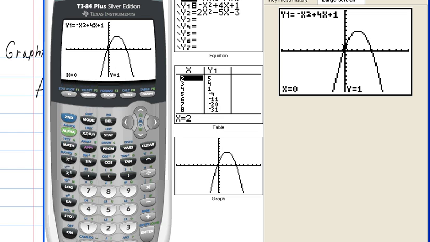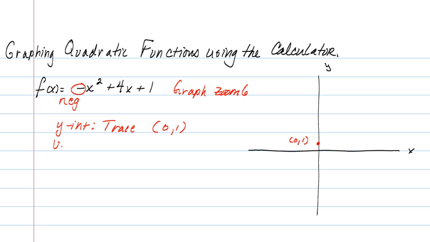Here is how we'll find the vertex. We'll press the second feature, then find CALC, and under the calc feature we choose either maximum or minimum depending on the vertex. In this case, since it's opening down, we'll choose the maximum.